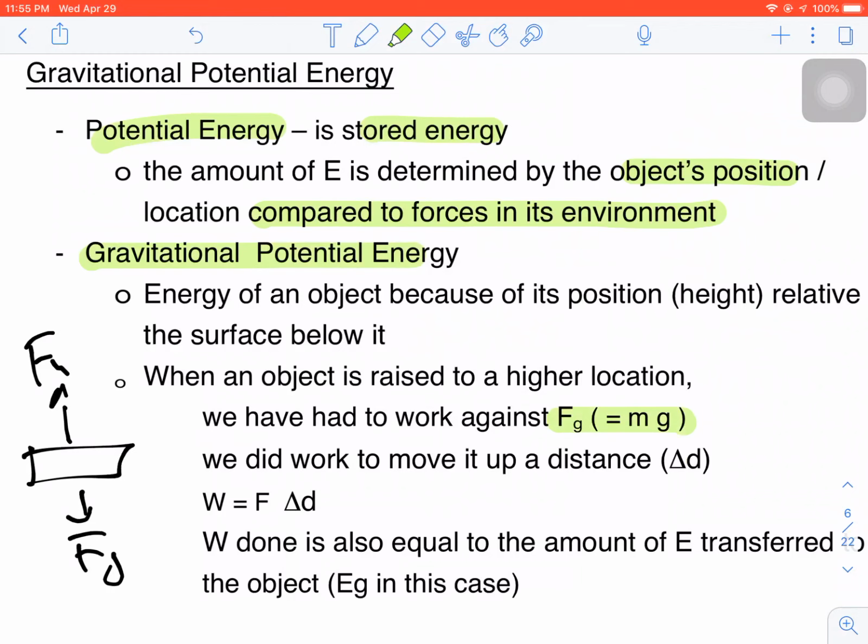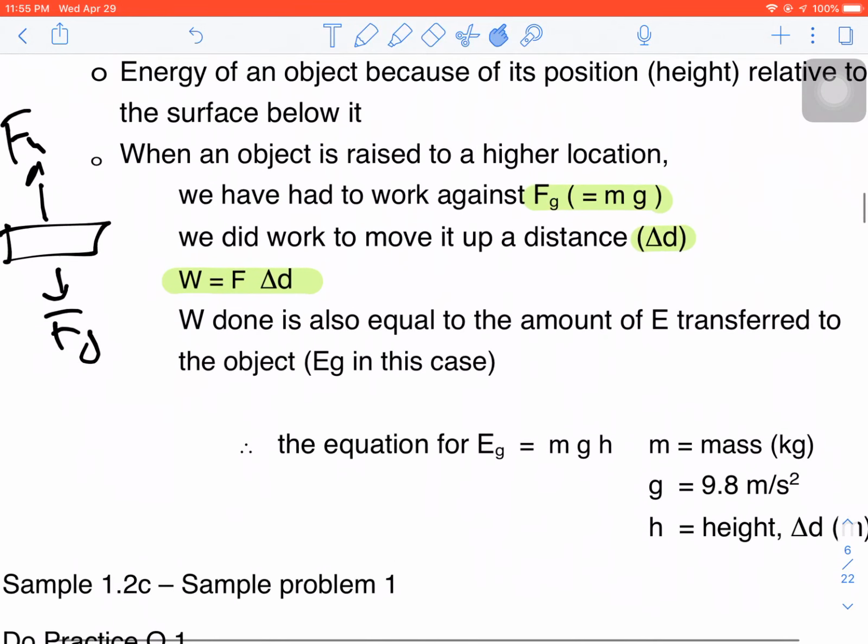And if delta D is how far I've had to lift it from the floor to the bookcase, then my definition of work is F delta D, force times distance. Work is done when a force is applied to an object to move it a distance delta D. And work is also equal to the change in energy.